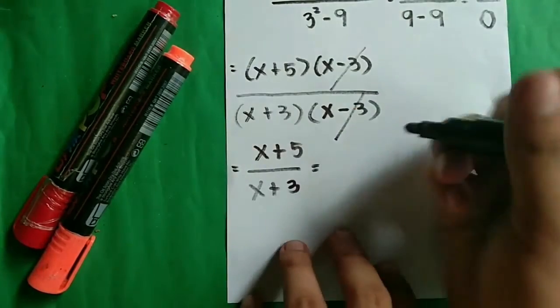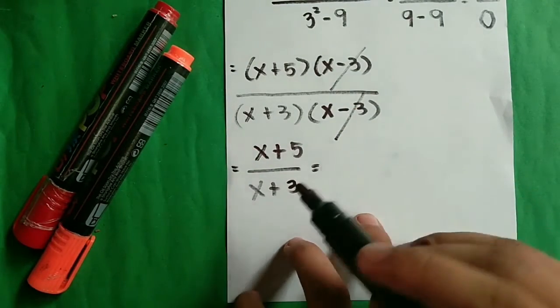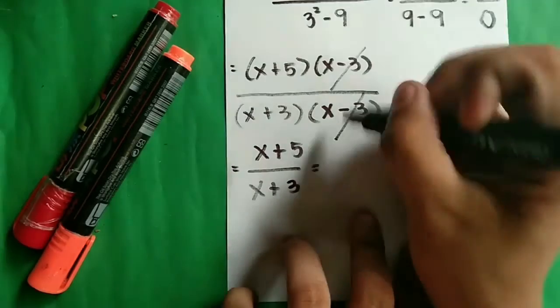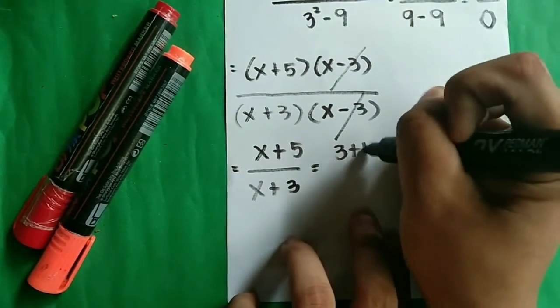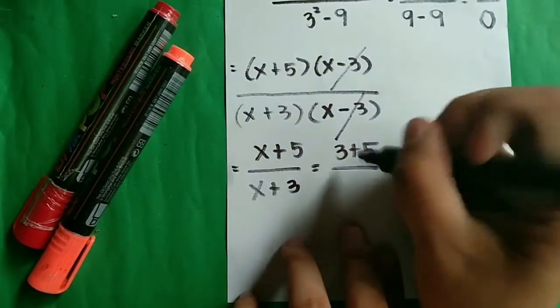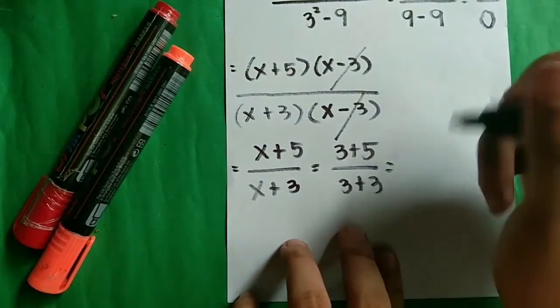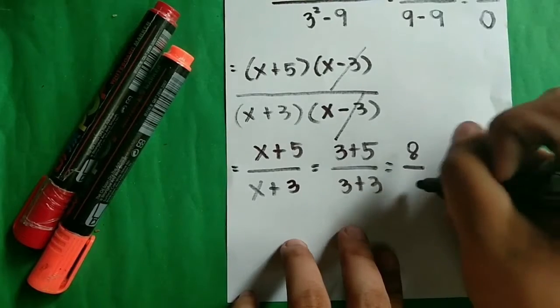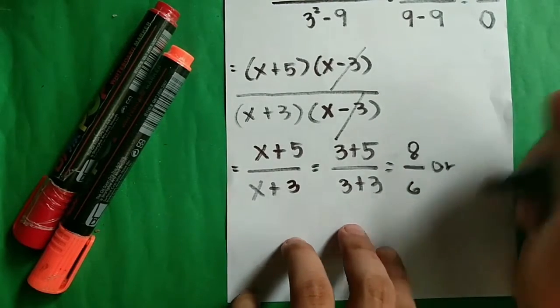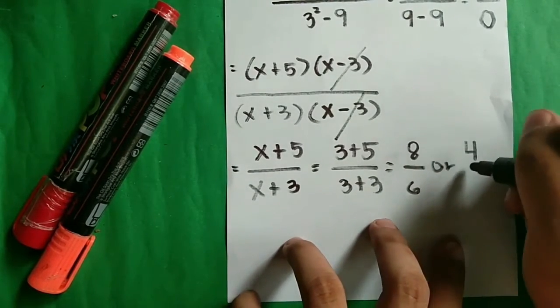This time, we can now substitute the value of x, which is 3. So, 3 plus 5 over 3 plus 3 is equal to 8 over 6 or 4 over 3.